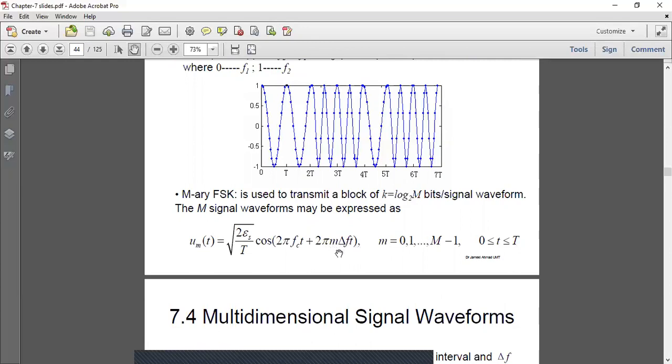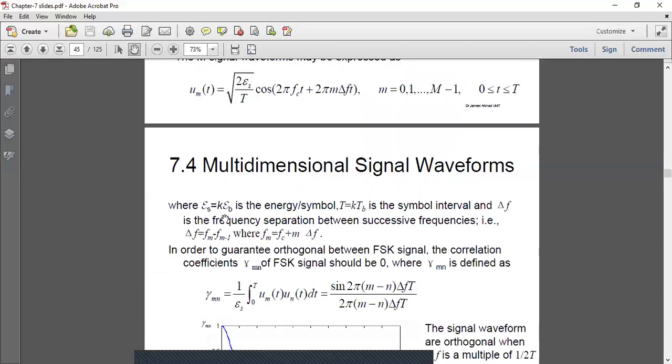So we can generate as many band pass signals as the value of M, where small m is equal to 0 up to M minus 1. So we can generate M-array FSK signal waveforms using this expression. This is the band pass signal, because it is using a carrier frequency Fc.